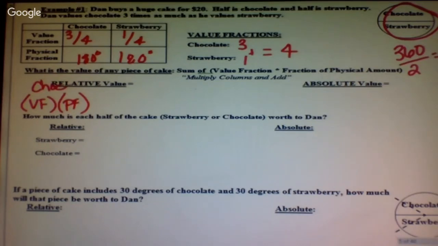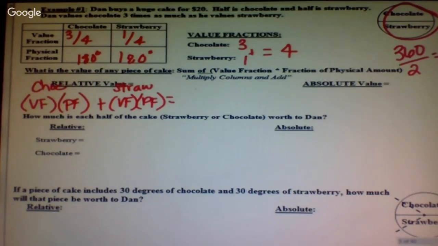Okay, so once we find out how much we value chocolate, we're going to add in how much we value strawberry. And it's still value fraction times your physical fraction. You would plug that in and you would get a number for your relative value. It all depends on what your piece is involving.